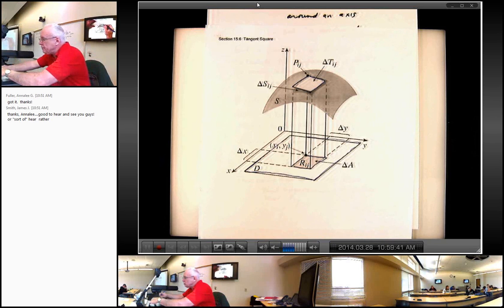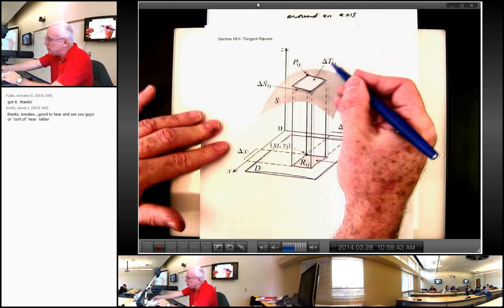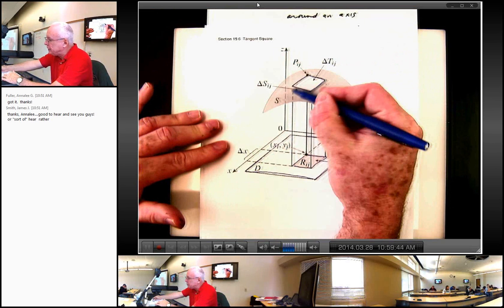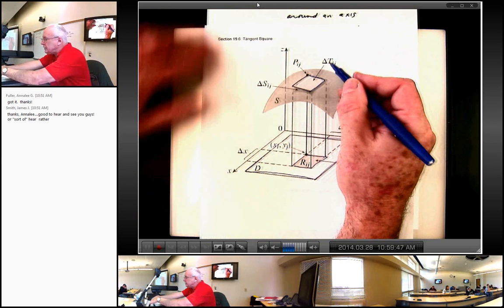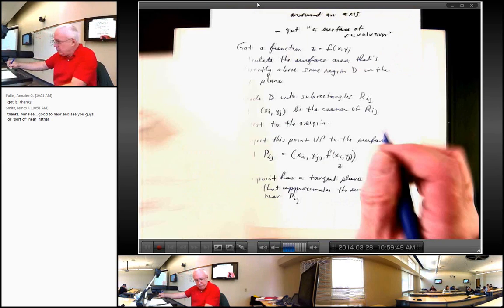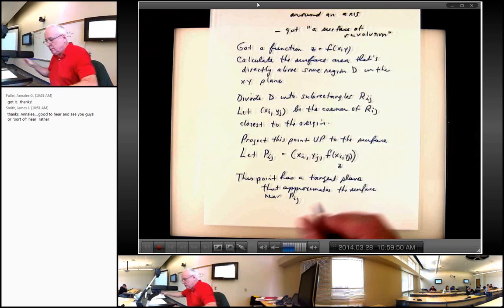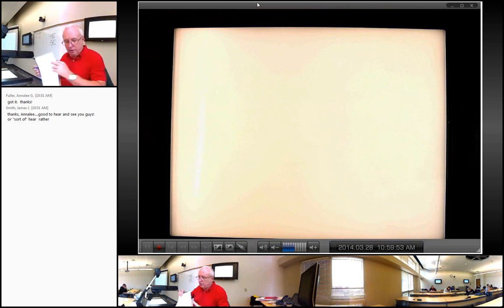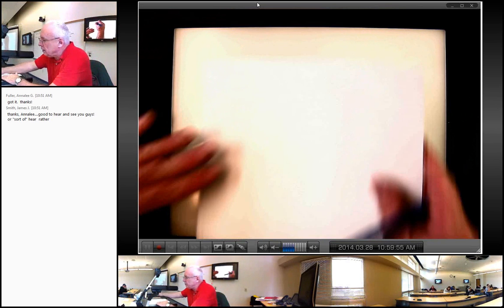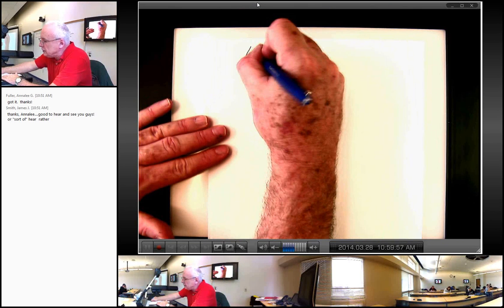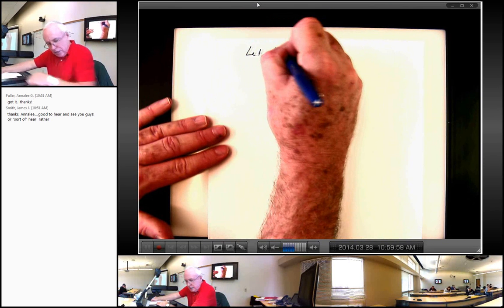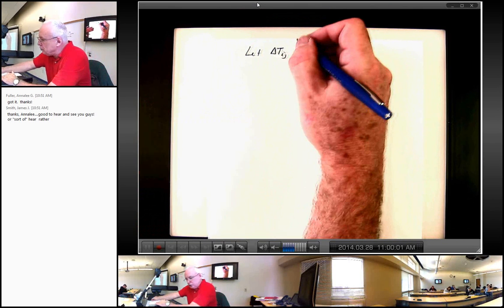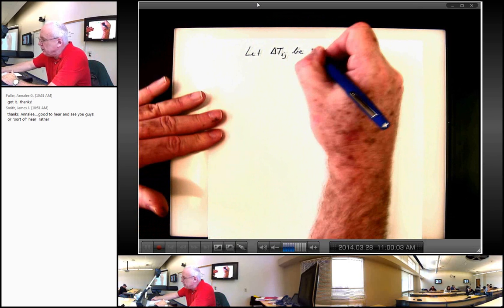So we're going to give that a name, and we're going to call that little rectangle, that part of our tangent plane, delta Tij. So let delta Tij be the part of the tangent plane directly above the rectangle.